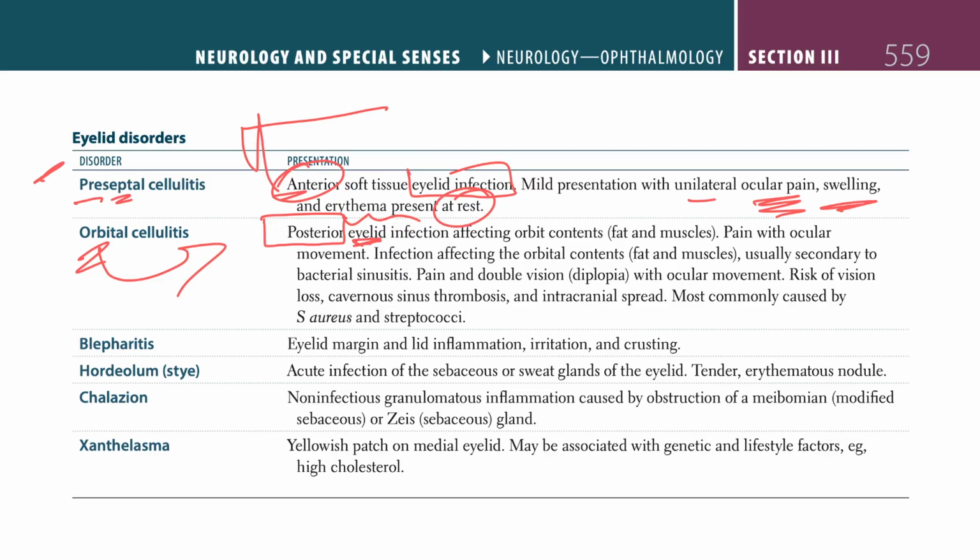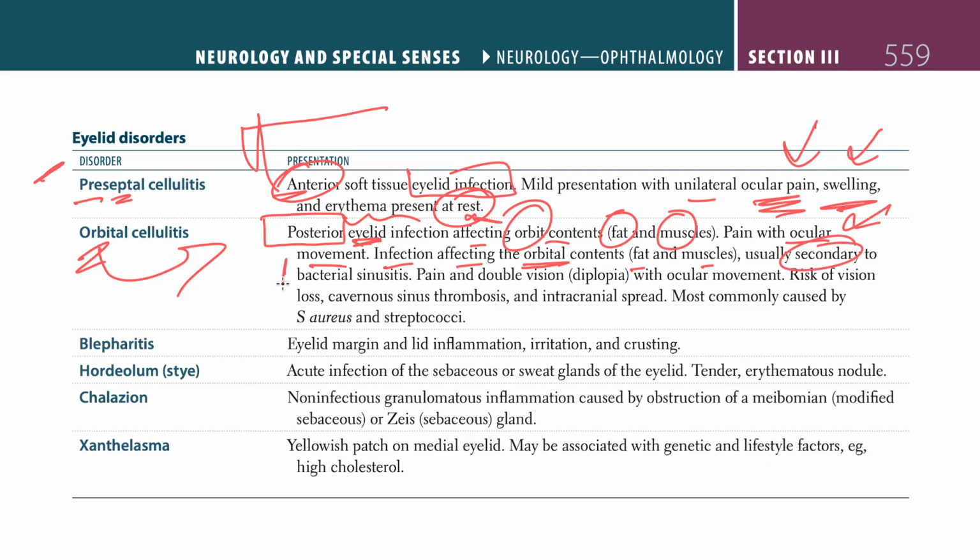So posterior eyelid infection affecting orbit contents. Now the muscles of the orbit are going to go into that inflammation. Pain with ocular movements. So you had ocular pain, swelling, and erythema at rest. Here you have pain with ocular movements, infection affecting the orbital contents, for example, fats and muscles.